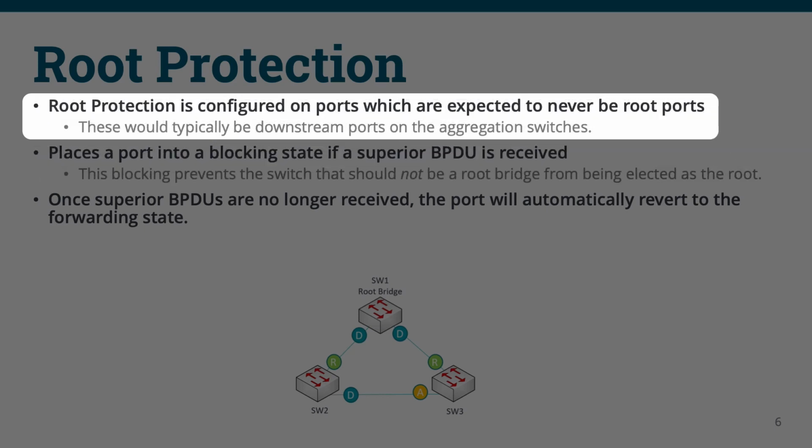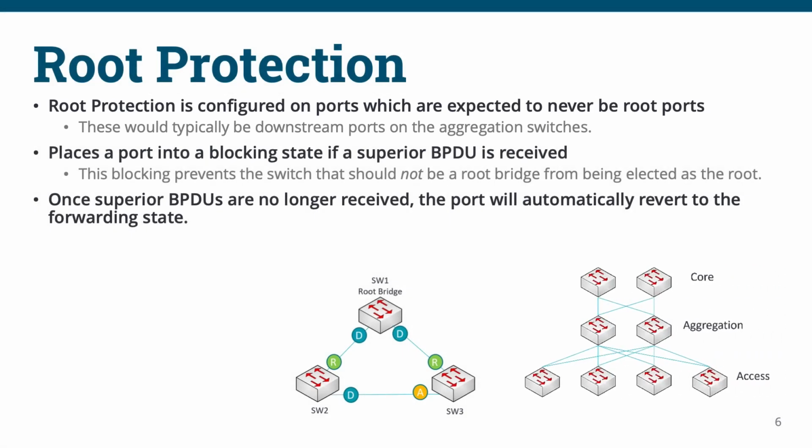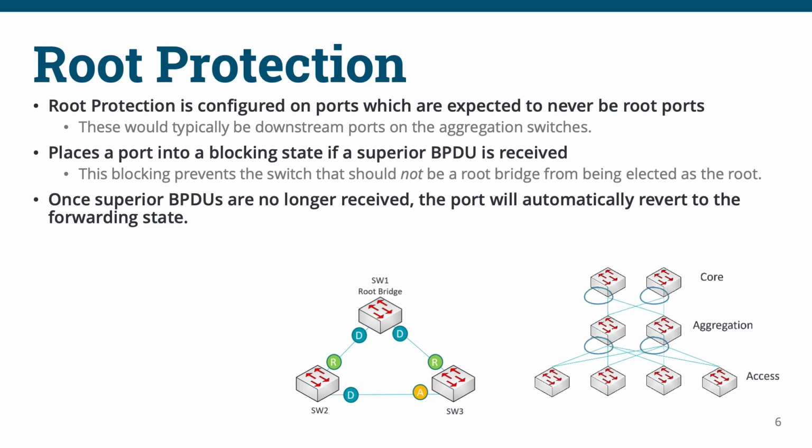As you can imagine, this feature should only be configured on ports which are expected to never become root ports. In our three-tier hierarchical campus network design, this would be configured on the downstream ports at the aggregation and perhaps even core layer. This would ensure that nothing at the access layer may impact the spanning tree topology at the aggregation or core layer if a misconfiguration occurs.